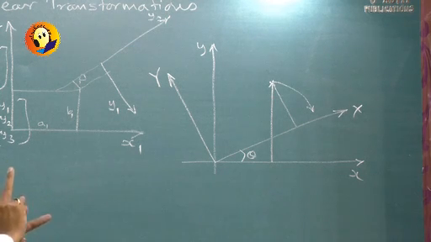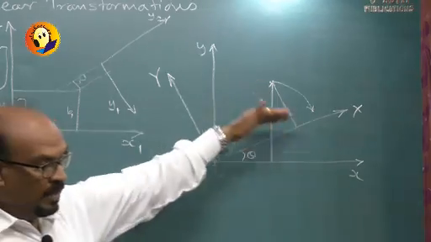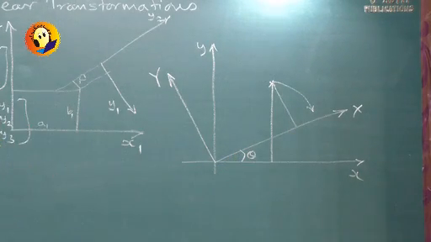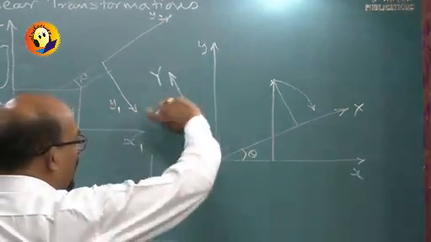Instead, what I can do is simply rotate that point in the opposite direction by minus theta. It will have the same effect. Everybody is agreeing to this. So my problem reduces to either this way or the other way.